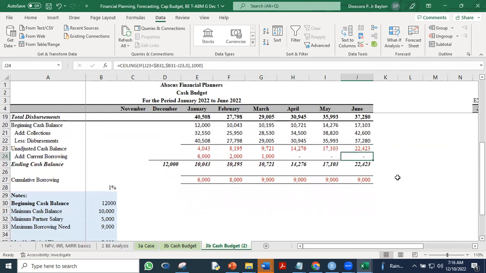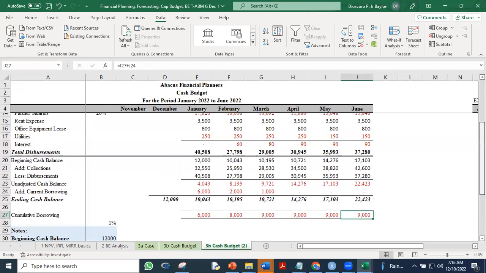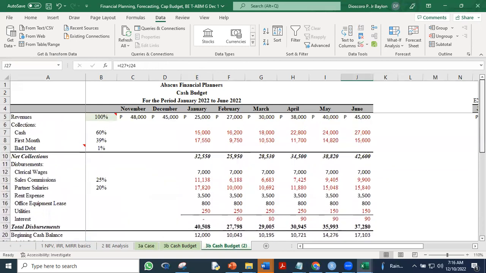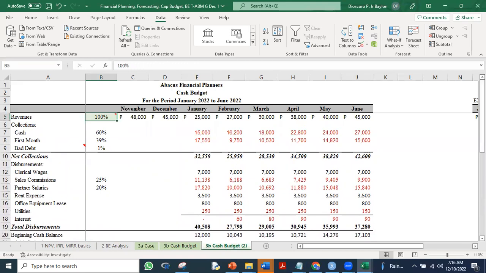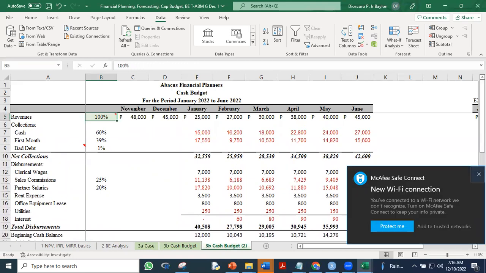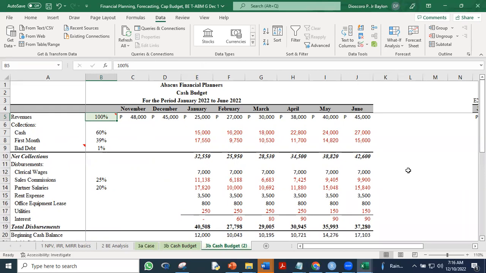As of June, the cumulative borrowing was 9,000. Now, notice that this is based on the base case scenario. What if I change this? Let's say I change this to the optimistic scenario, 110%. Everything here changes.